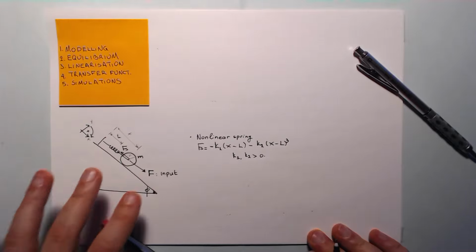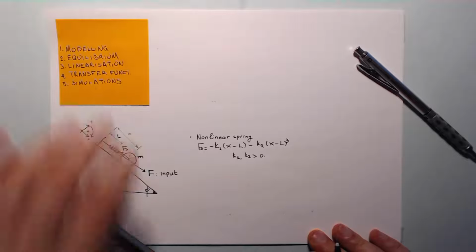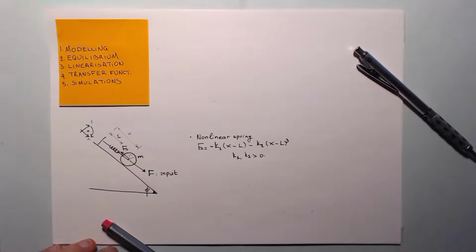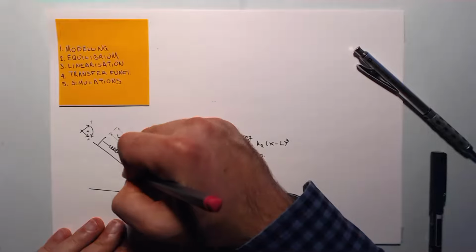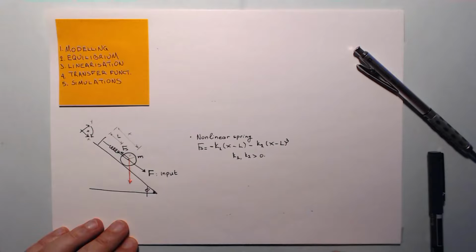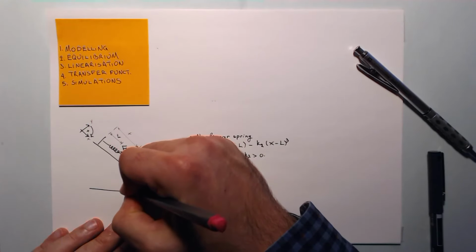So that's one thing. Now the first task, before we can even do modeling in the sense of writing down equations, we should sketch and draw all the forces that are applied on the cylinder. One force that is very easy to figure out is the weight, m times g.